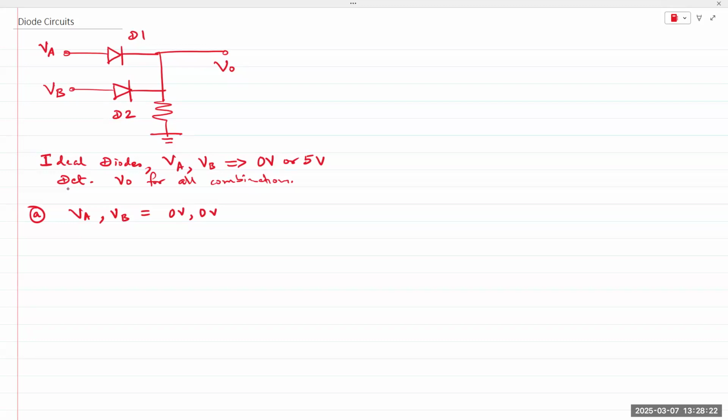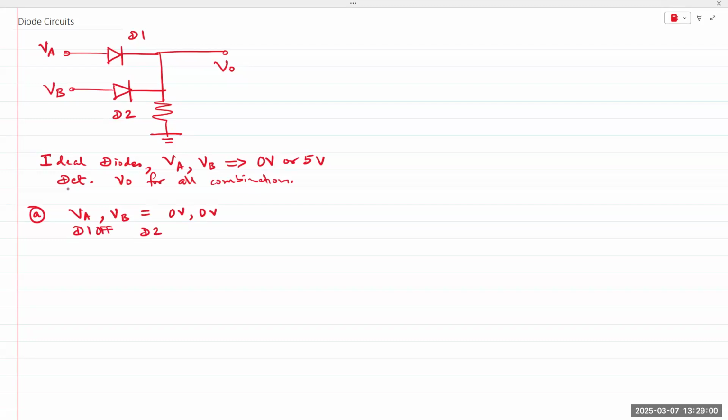then by show of hands, is diode 1 on? Is it off? D1 is off. How about D2? Show of hands if it's on.